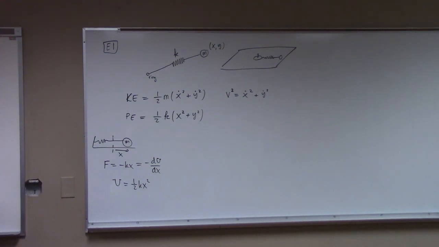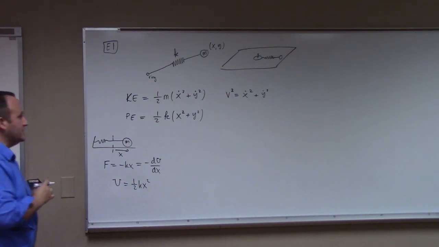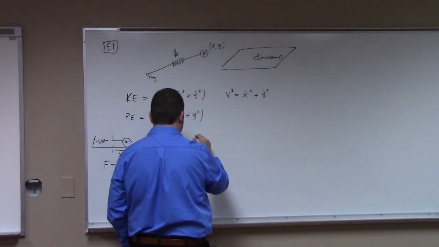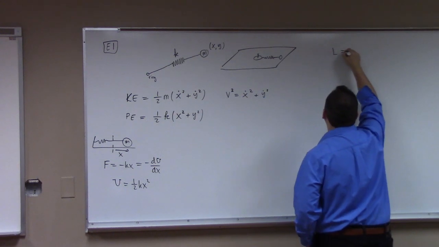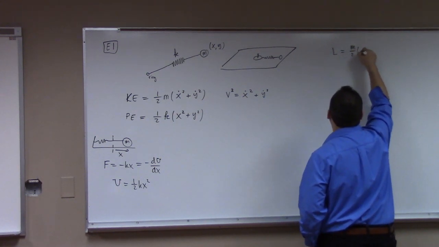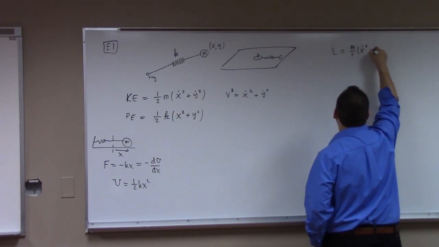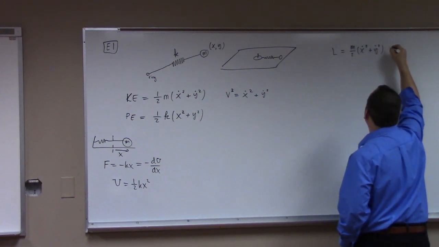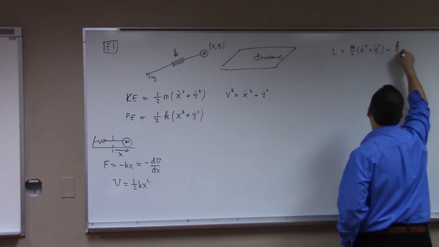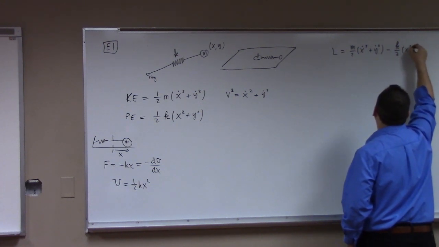And so there you have it, the Lagrangian L is m over 2 (x dot squared plus y dot squared), that's T, minus U, right? So minus k over 2 (x squared plus y squared).